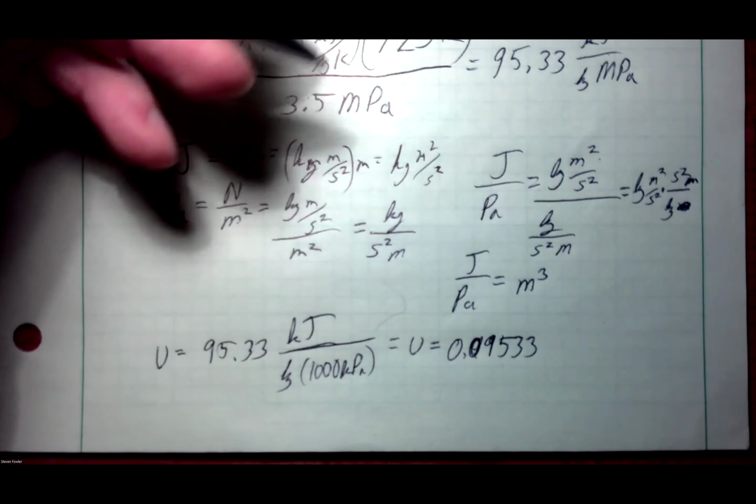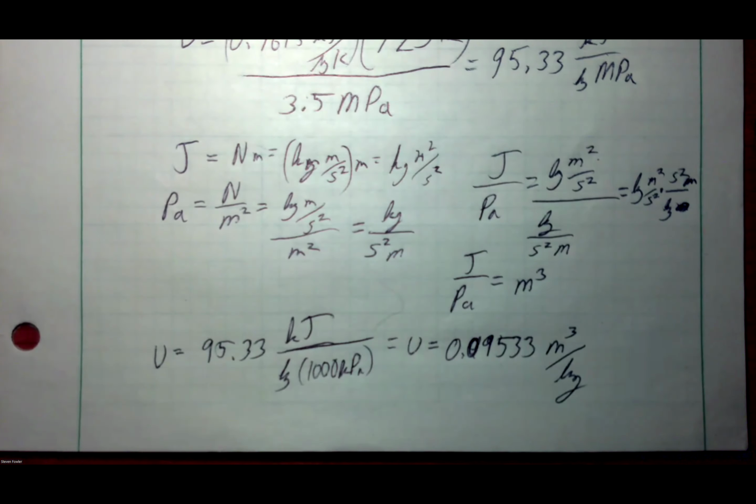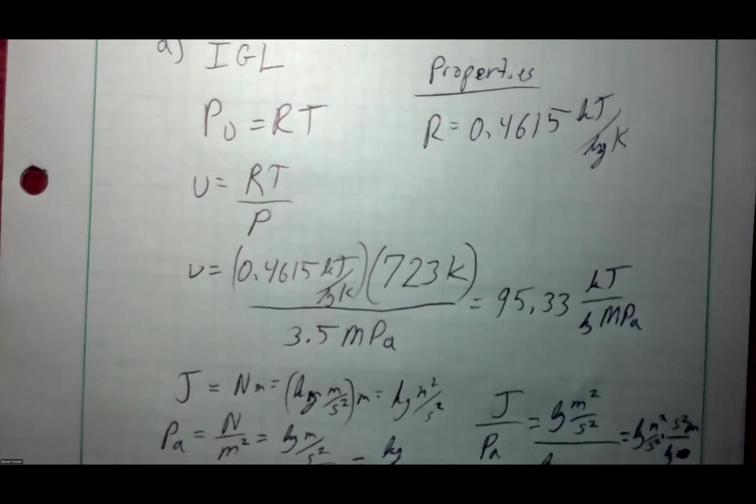And then notice here I've got joules over kilopascals. That's just going to break down simply to meters cubed because it's going to be kilonewtons over kilonewtons. The factor of 1,000 is going to go away. It's on both top and bottom. So that is going to leave me with meters cubed per kilogram. So one might say, "Hey, Steve, it's the metric system? Doesn't everything just work out?" Well, that's the rookie mistake, to assume it's just going to work out.